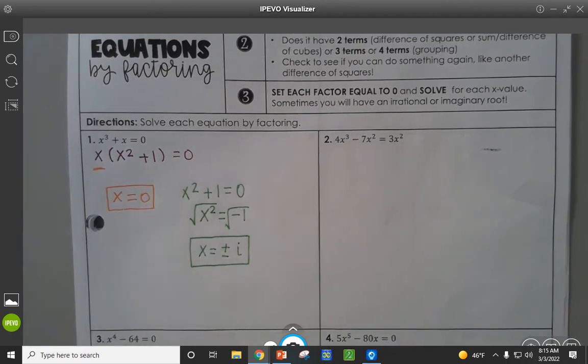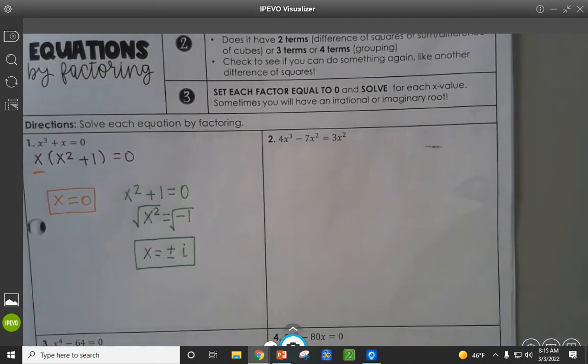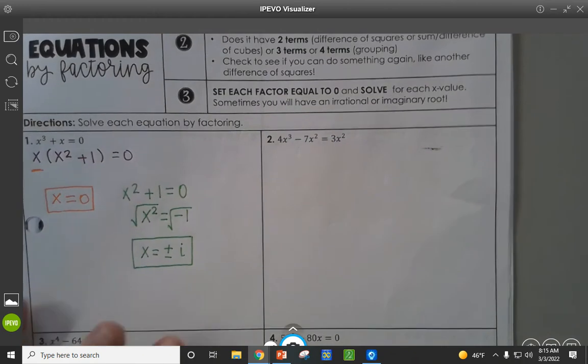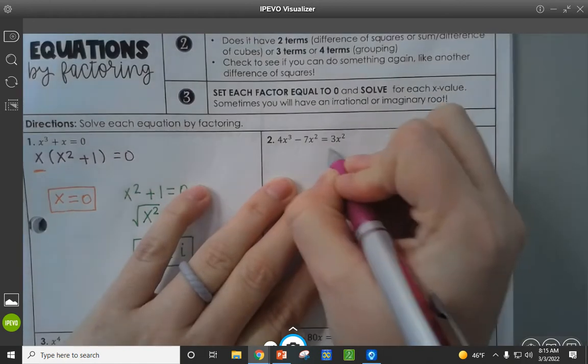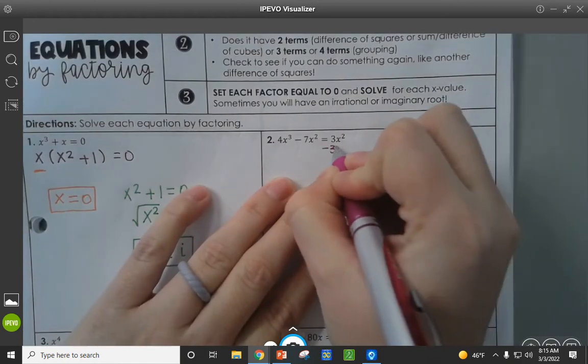All right, number 2. Is it set equal to 0? No. So what do we need to do? Subtract 3x squared from both sides.